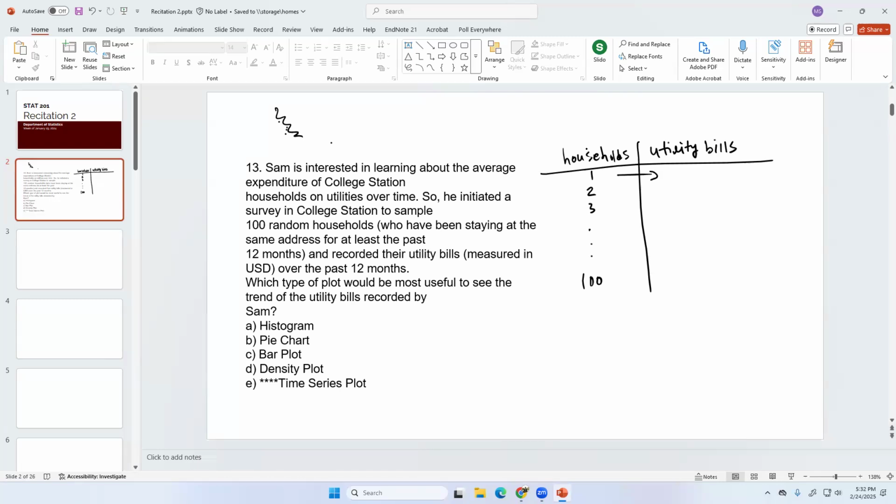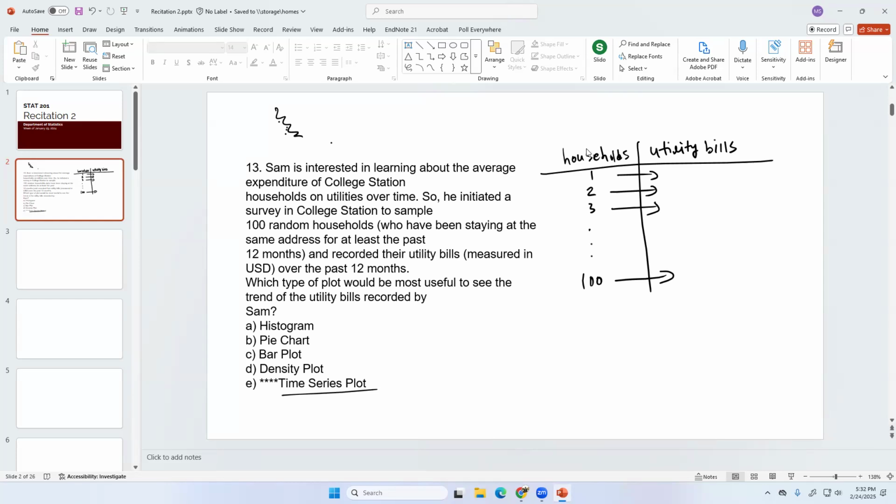We have 100 households. So this is the nature of the data being collected. For each household, Sam is asking, what is the utility bill? So the question is, what is the best way to represent this data set? And the answer is a time series plot.